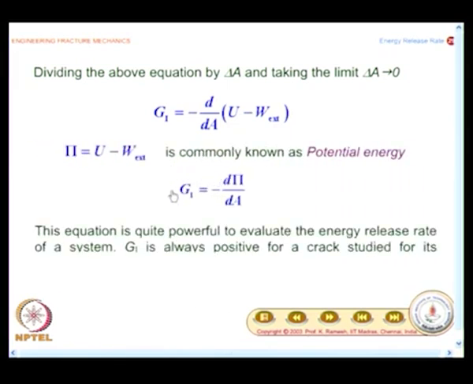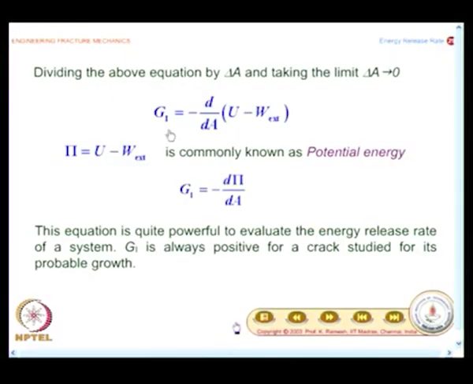And that is what is listed in this slide. So, what we do is we divide the equation by delta A and note this step, taking the limit delta A tends to 0. This is the key point, you should not miss this. Whatever the incremental change is extremely small, that is what we are looking at.